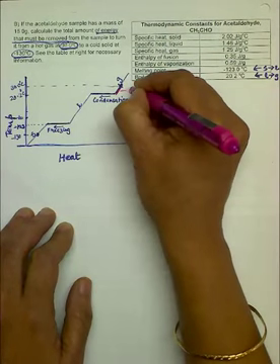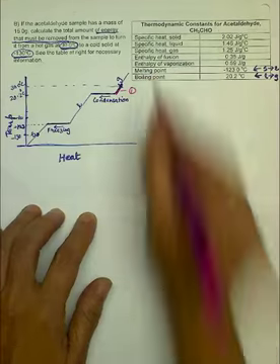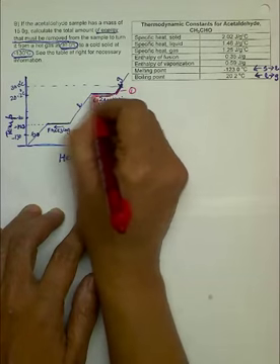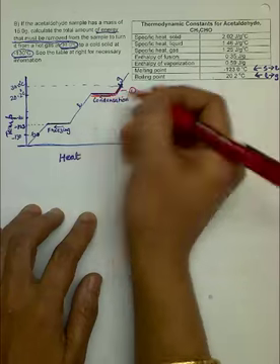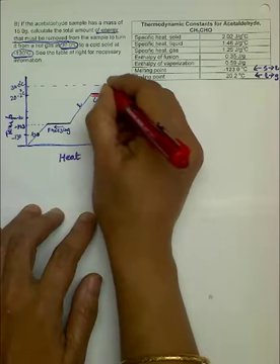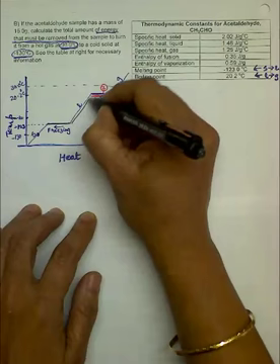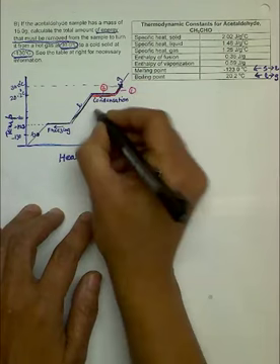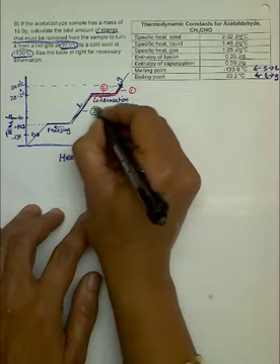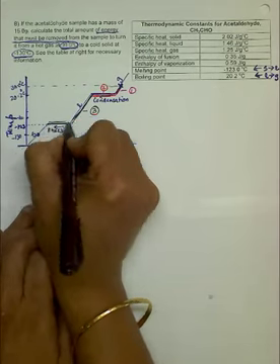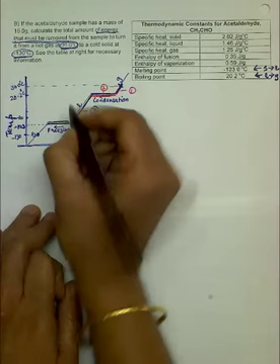Number 1, the gas is cooling down. Number 2, the gas is condensing. Number 3, the liquid is cooling down. Number 4, the liquid is freezing.